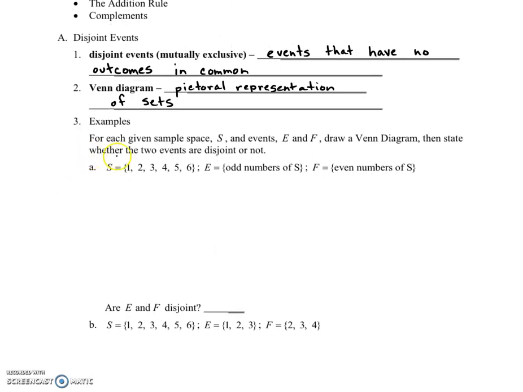So first of all, we have S is 1, 2, 3, 4, 5, 6. And E is the odd numbers in that set. So that's 1, 3, and 5. And F is the even numbers. So that's 2, 4, and 6.